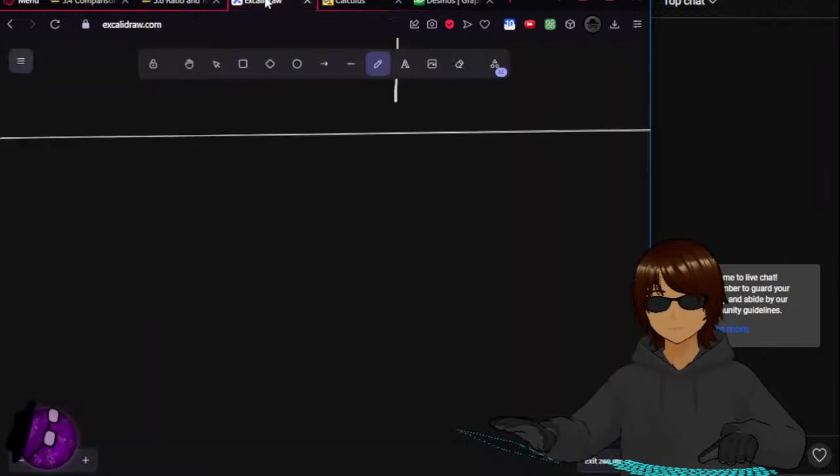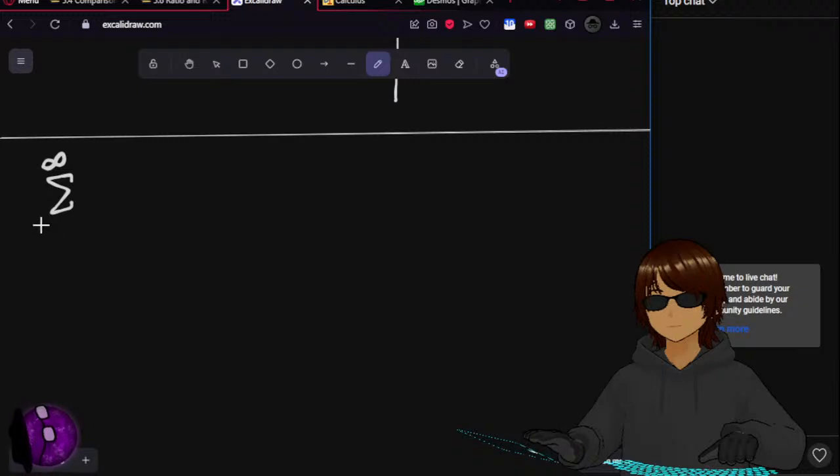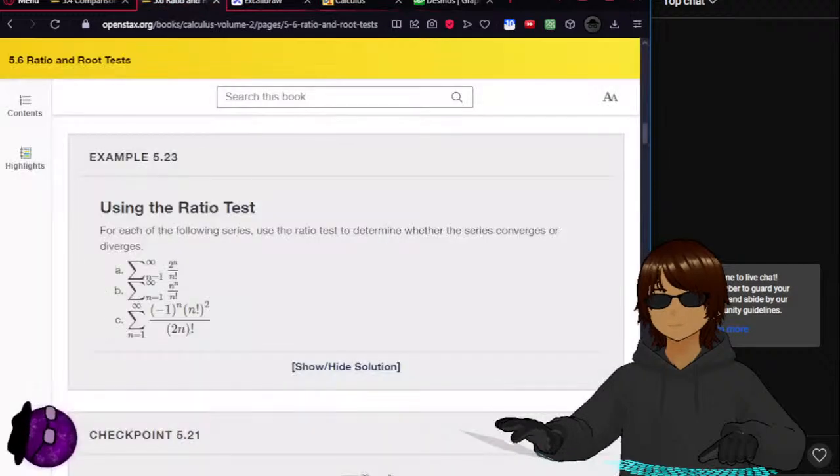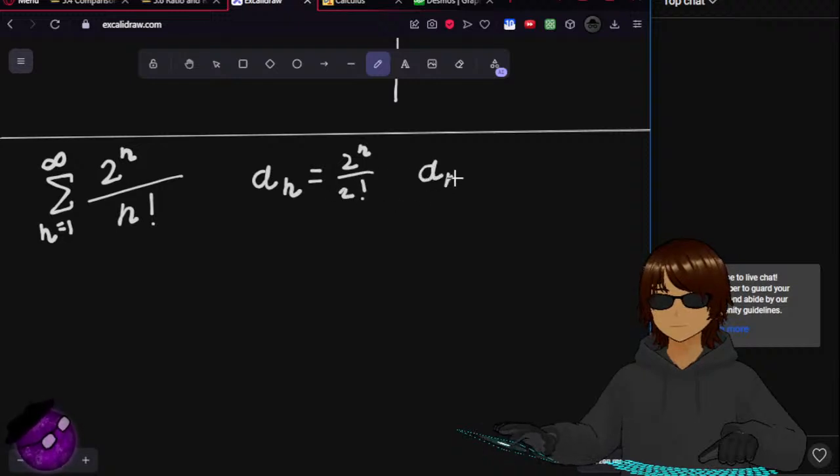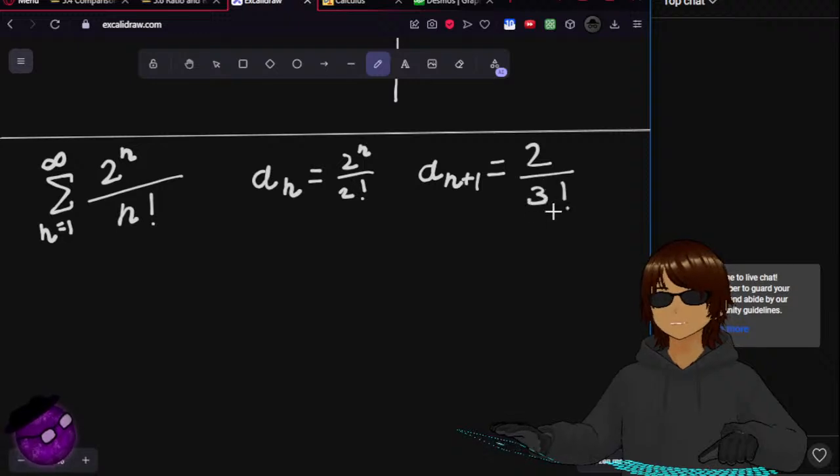So, n plus 1 is 2 to the power of n plus 1, which is 2 to the power of n times 2. And then I can do this.